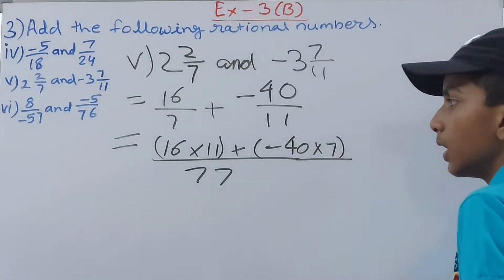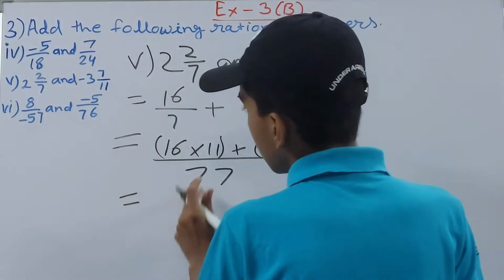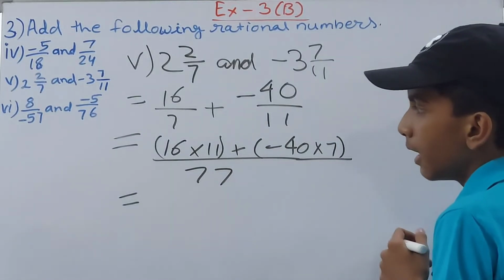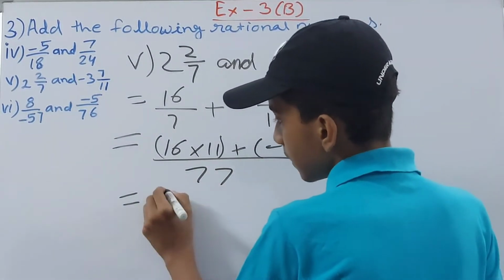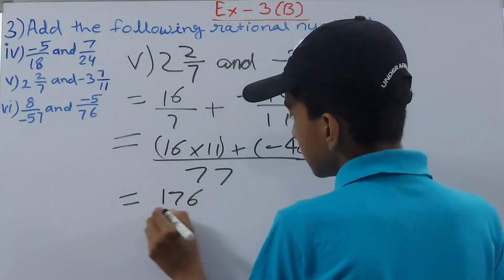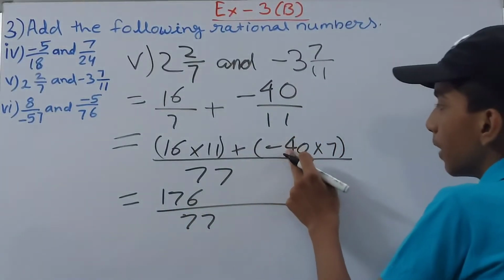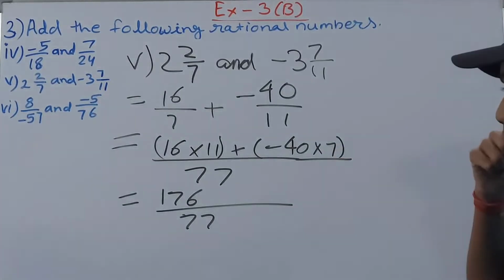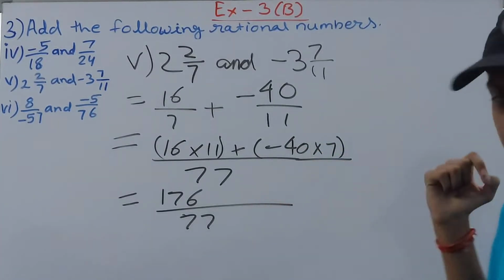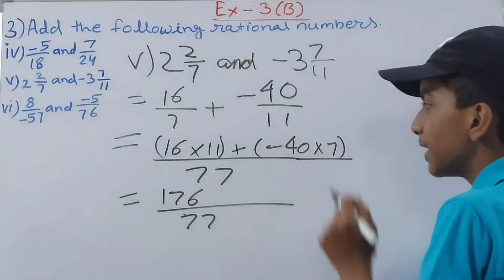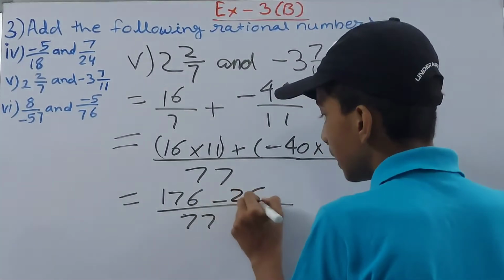This will do. 16 into 11, that will be 176, right? So 176 upon 77, right? And minus 40 into 7, that will be minus 280, right? So plus minus is minus, so minus 280, right?